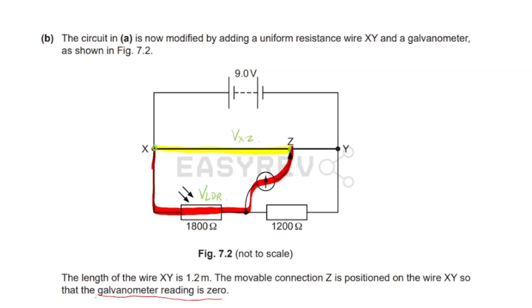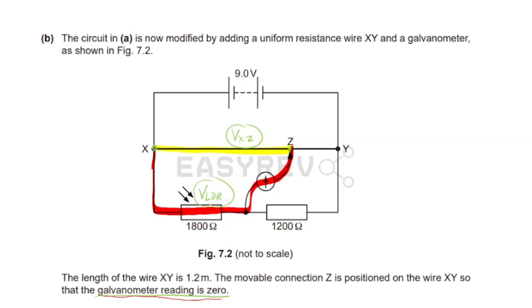Now, when we say that the galvanometer reading is 0, we generally mean that there is no potential difference across the 2 points. What we mean to say is that the potential difference across the points XZ in the wire, Vxz, is equal to the potential difference across the 2 points in the other path.